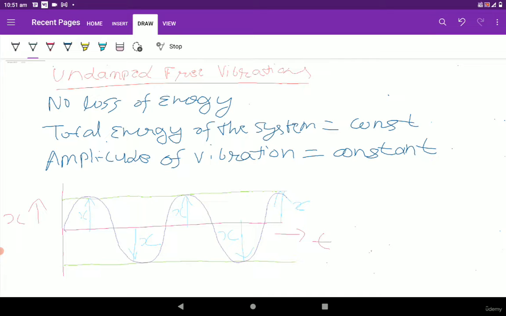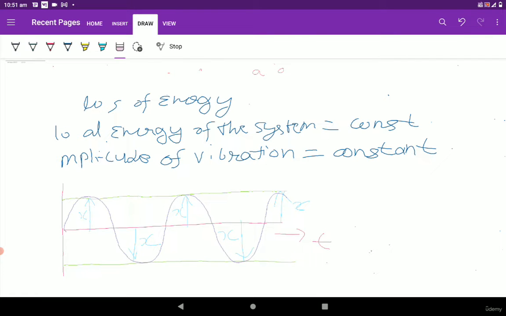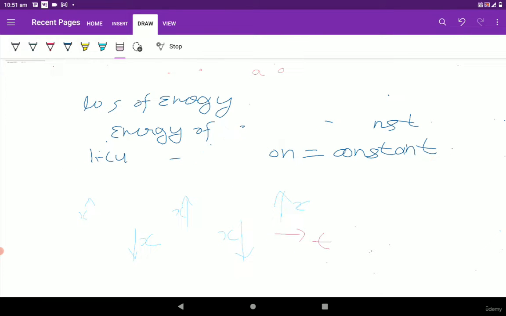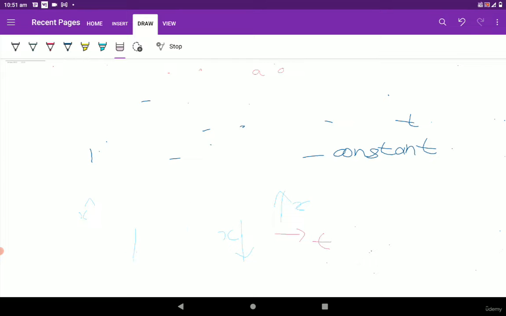So let's define another term here, the equilibrium position.